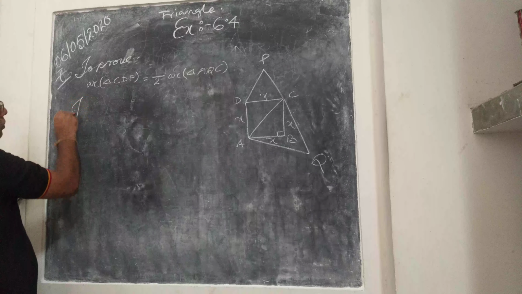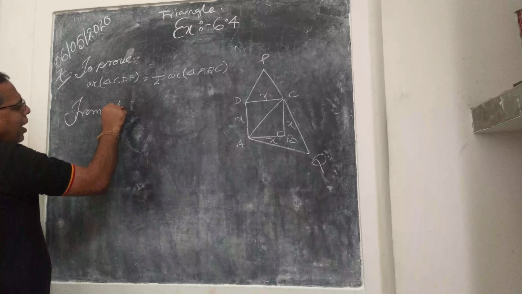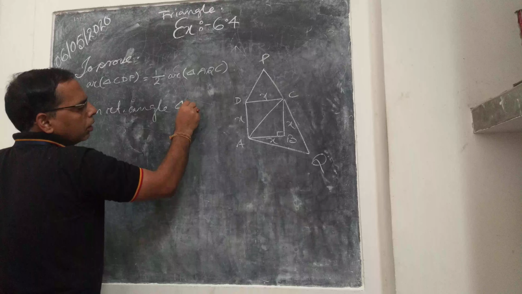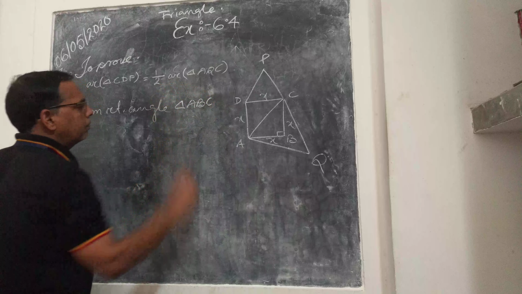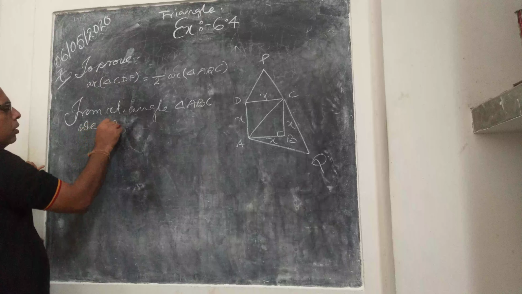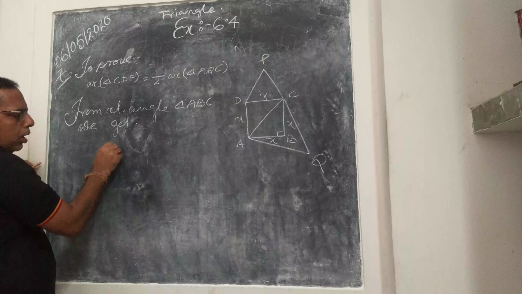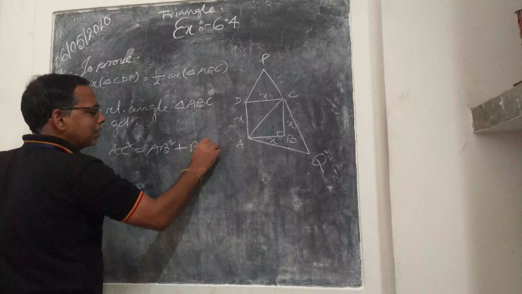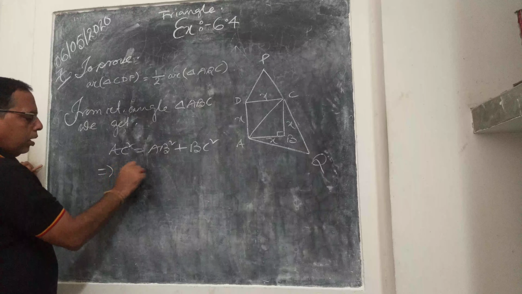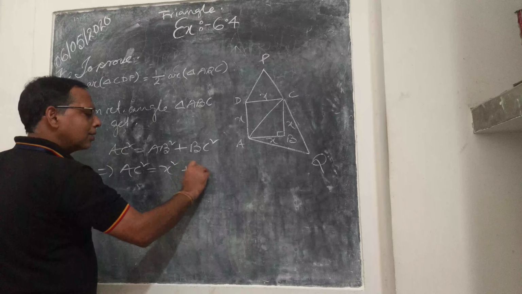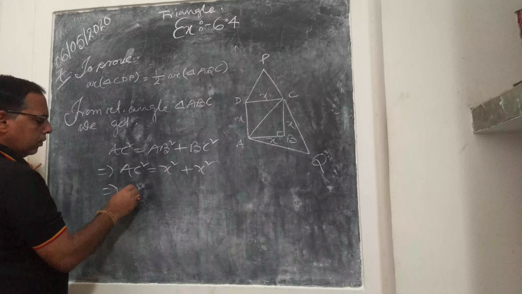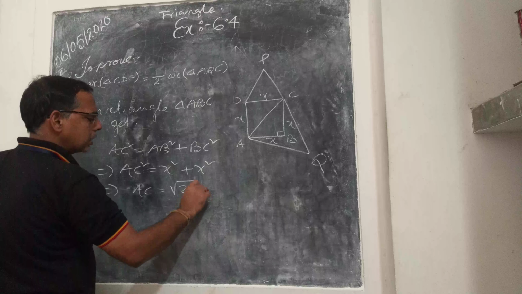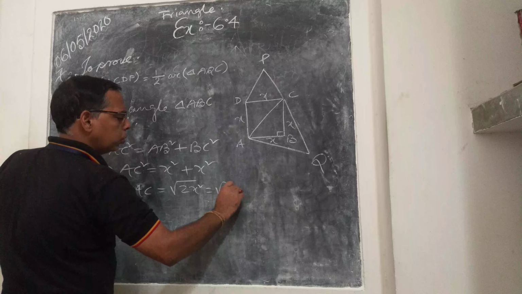So from right angle triangle ABC, what do we get? AC square equals AB square plus BC square. Now AC square is equal to x square plus x square. Then AC equals root over 2x square, which equals root 2 x.